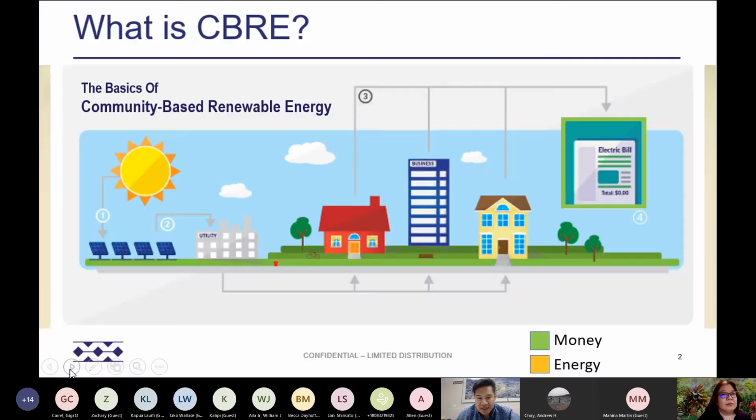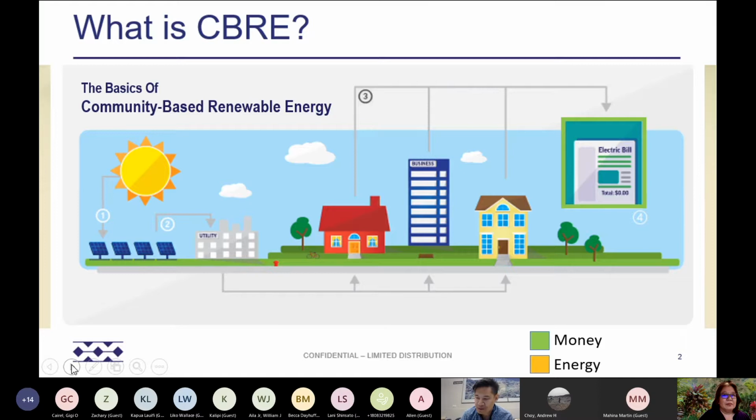Julie, if you could proceed to the next slide, please. I realize that some folks are new to community-based renewable energy, so I'm here to provide a high-level view to explain the basics of how it works. There are really 3 main parties in community-based renewable energy.